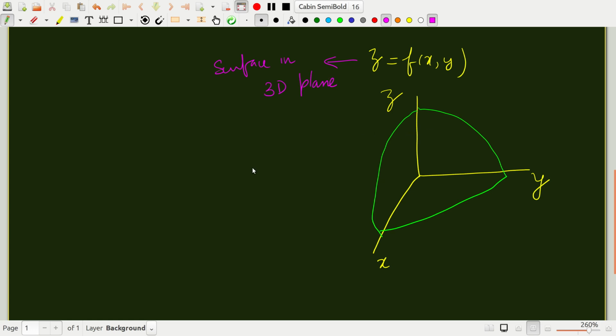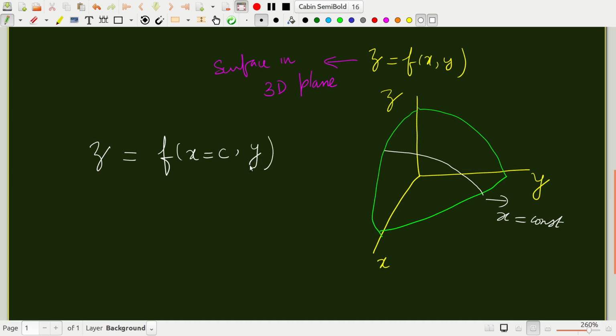In this case, if you take a cut at constant x, that is, if you fix a value of x and take a cut at this value, you will see that the function of two variables at some constant value of x becomes effectively a function of one variable. So we will have z as a function of f of x, which is kept at some constant number, and y.